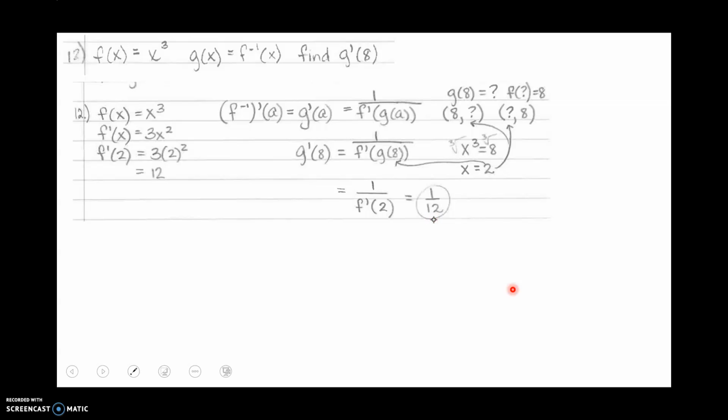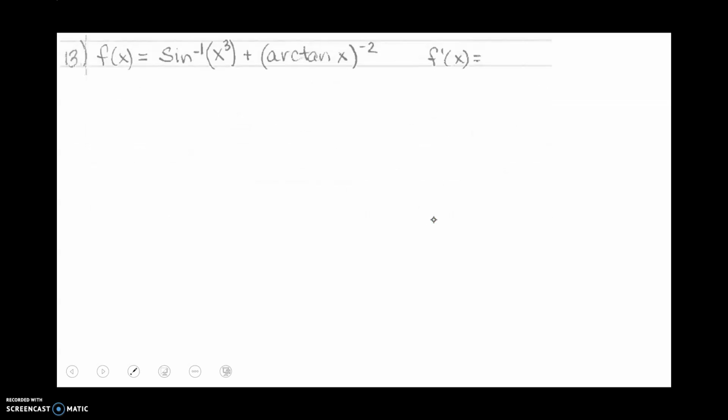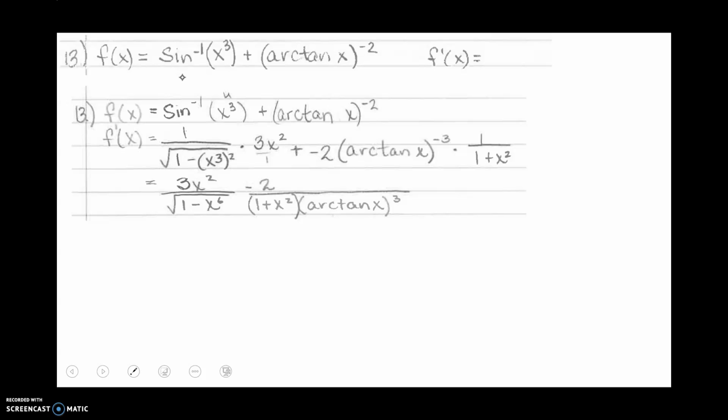All right, then for number 13, we have the derivative of the inverse of sine of x cubed and arctan or inverse tangent of x to the negative 2. So if we are doing the derivative of inverse sine, that formula is going to be 1 over the square root of 1 minus x squared.